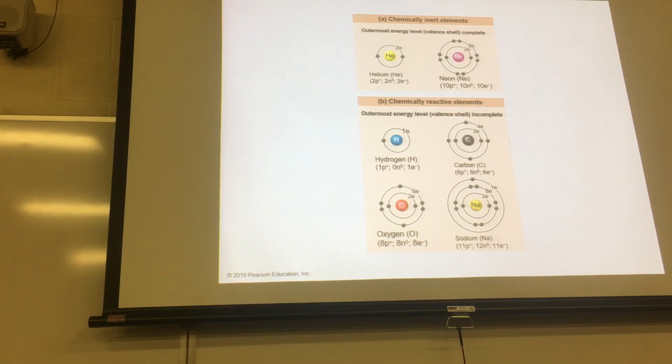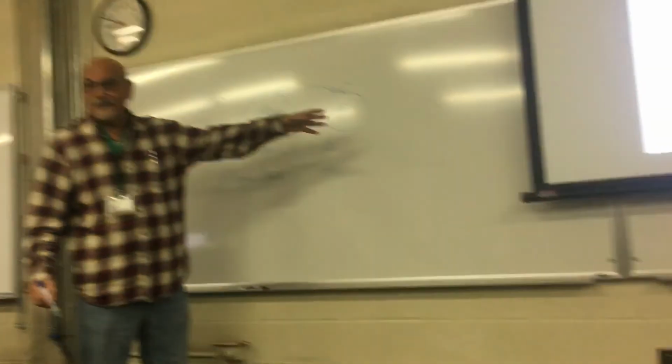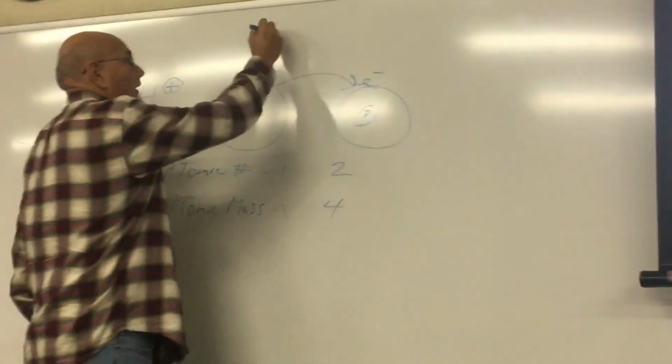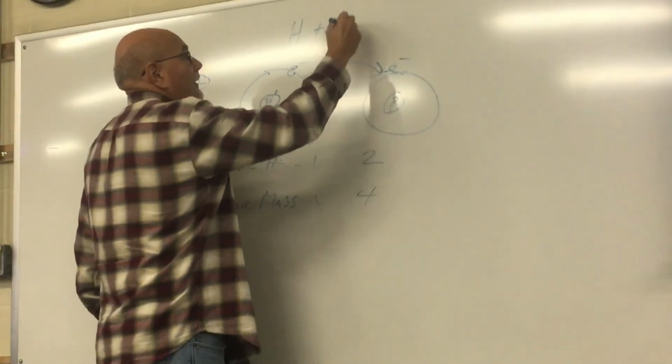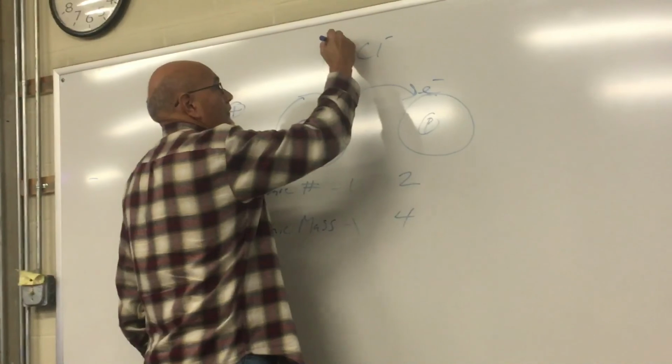So, if I'm going to hook it with another molecule that wants 2 out here to make itself happy, well, this would just shove it over here. And now I have a happy combination of hooking these together. Hydrogen plus chlorine would be carrying negative, and this would be positive.